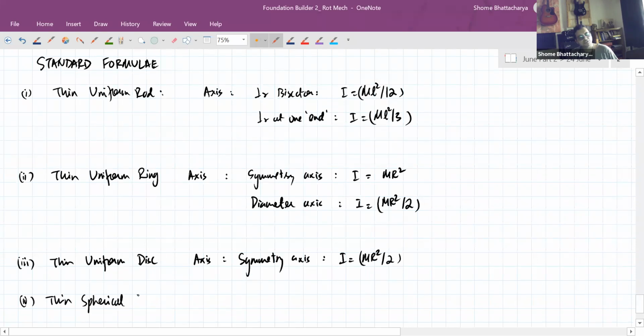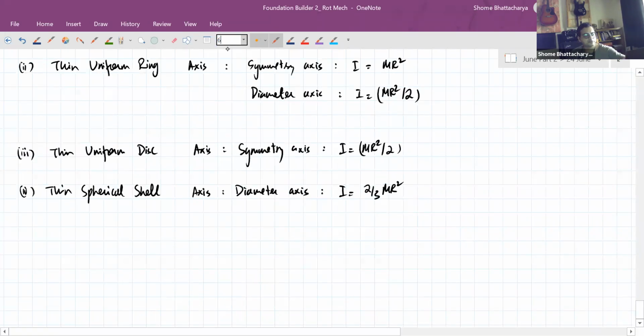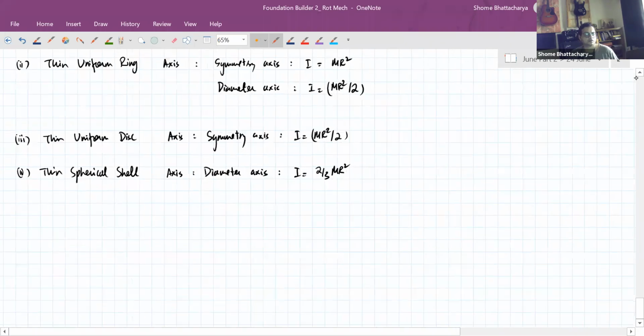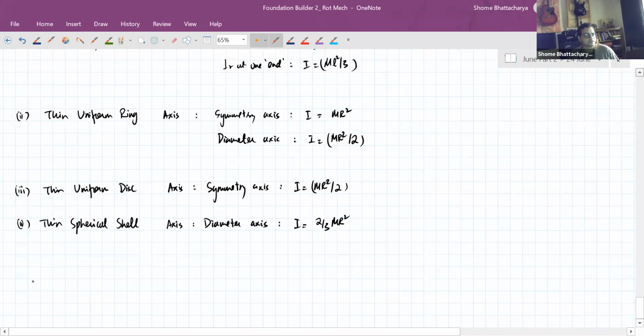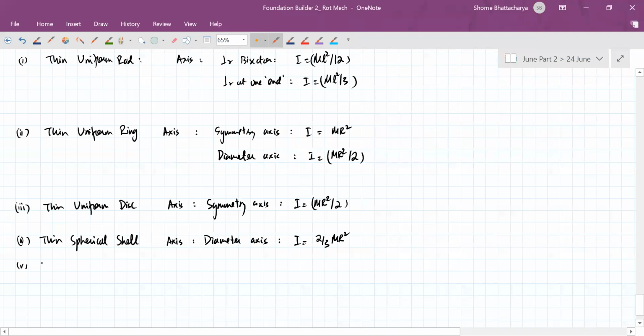Then the spherical shell, 2 by 3 Mr square. And finally, the solid sphere. So this is just for your reference in the notes. You have already seen the derivation of these examples before.